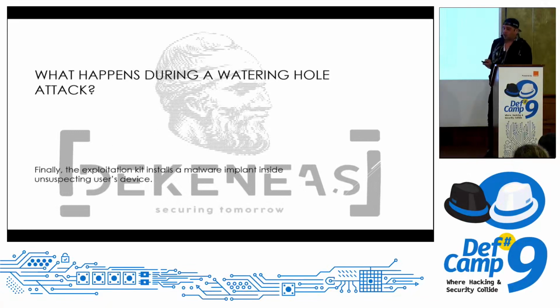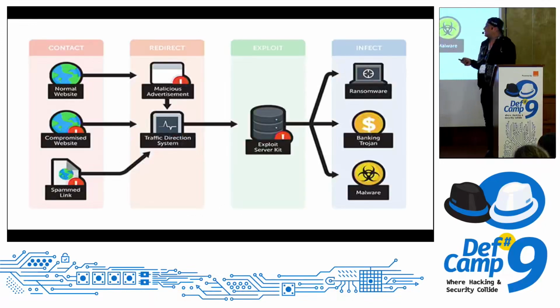Then the exploit kit installs a malware implant inside the unsuspecting user's device. It can be delivered either through a normal, uninfected website with a malicious advertisement, through a compromised website, or even through a spammed link.